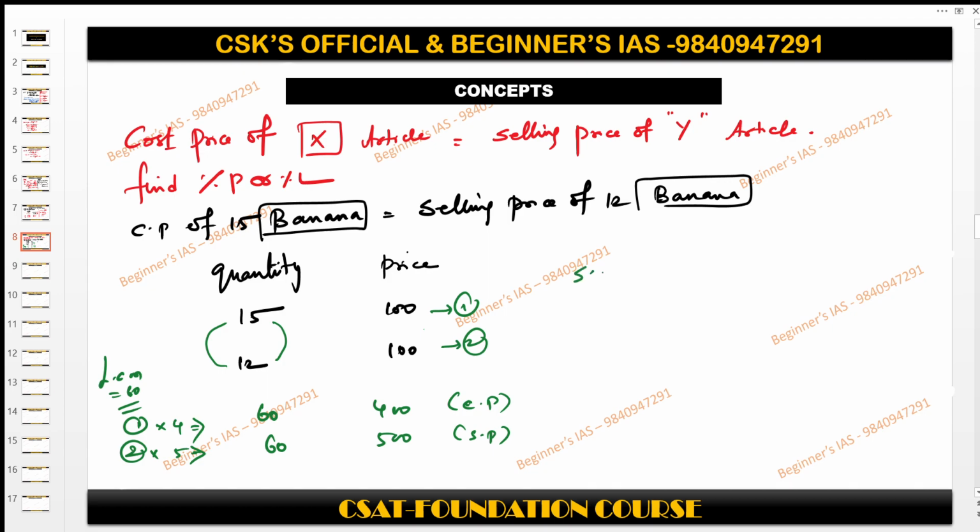Selling price is greater than the cost price, so profit occurs: 100 by 400 into 100. So 1 by 4 into 100, 1 by 4 is nothing but 25 percent. So therefore profit is equal to 25 percent.